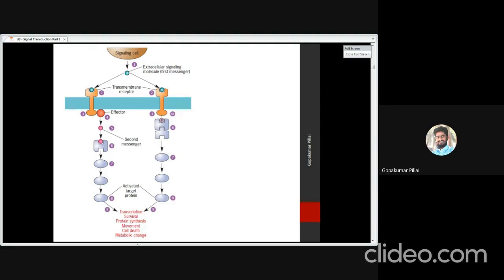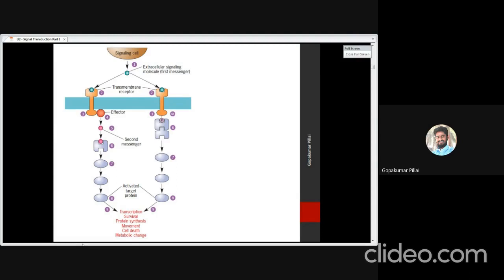Now, most often these receptors are nothing but transmembrane receptors. I think in my previous lectures I mentioned that integral membrane proteins present in your cell membrane can act as receptors at times. There can be carriers, transporters, and receptors.